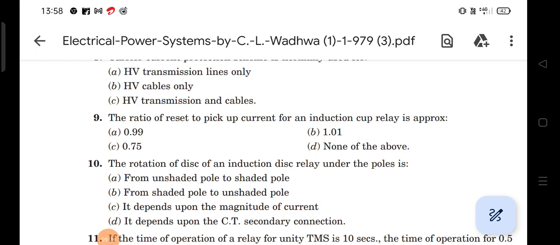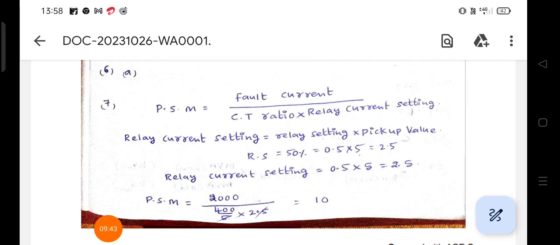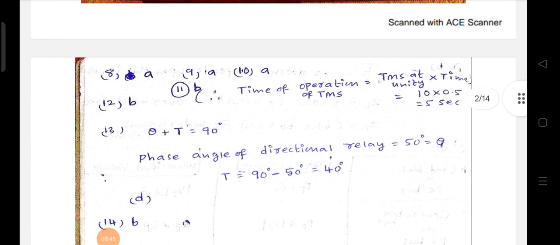From the given options, option A is 0.99, option B is 1.01, option C is 0.75, option D is none. Then the answer is A. Ninth one is A, you can check the answers.